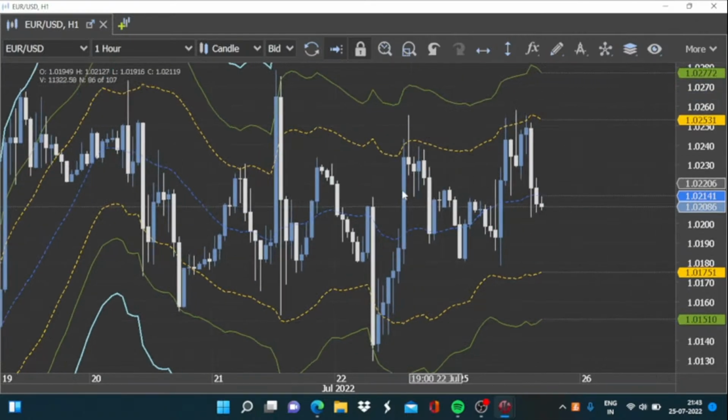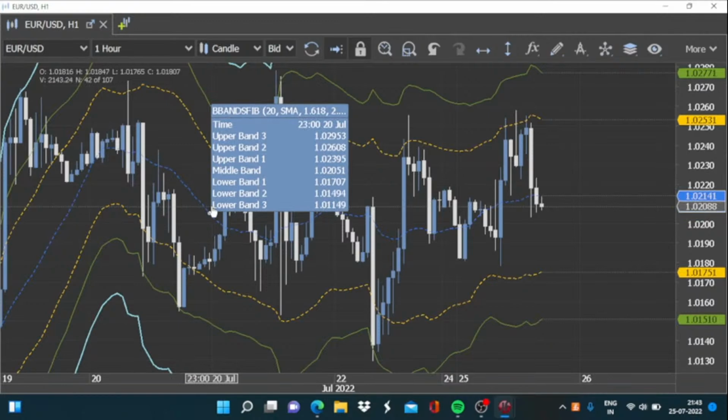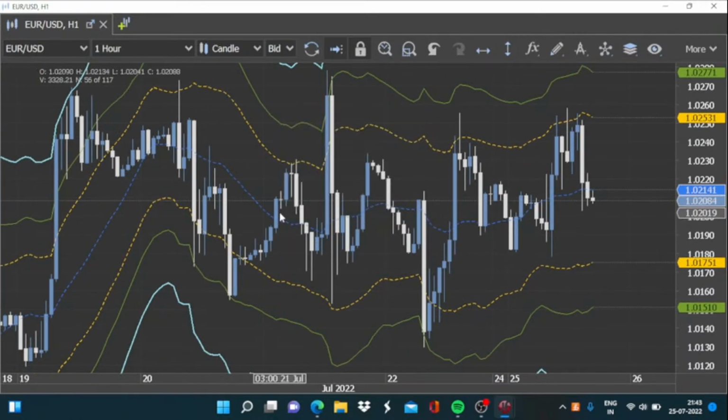But we have to keep in mind the trend of this middle band, and depending on that, we can take the trade. So we take this volatility and the trend into consideration, and we will have a higher probability of getting our trade entry right and making much more money.